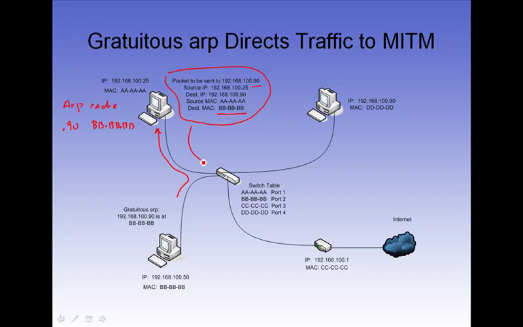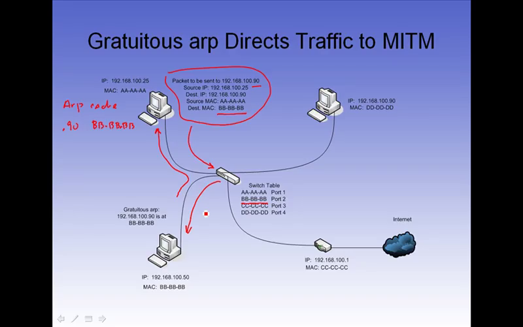So when this packet is sent, it's going to go to the switch, of course, and the switch is going to look in its switch table and notice that BBBB is on port 2, and it's going to send the packet out to port 2. So the packet is actually going to go directly to the .50 machine.